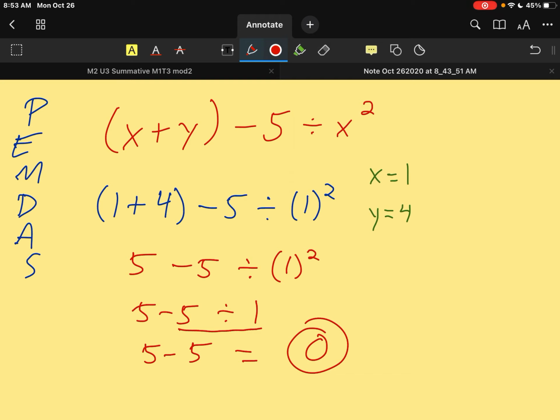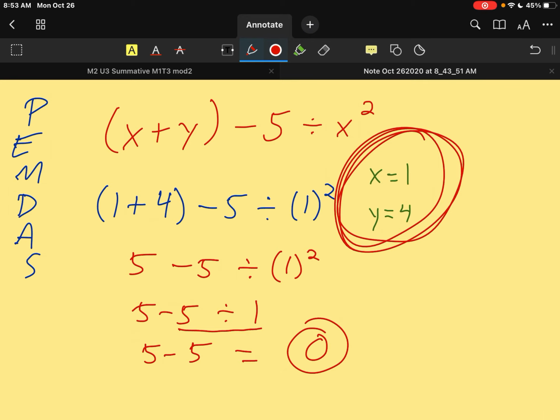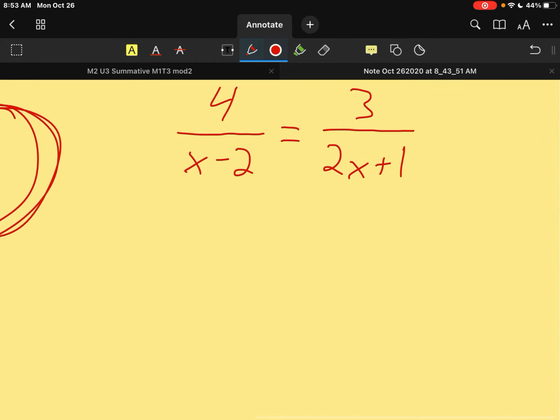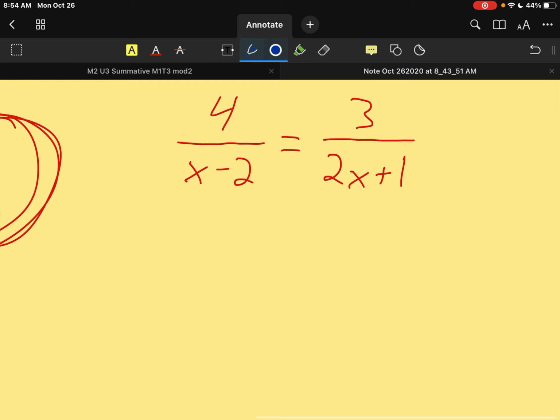Okay, so evaluating expressions is all about plugging in whatever the variables say that they equal, and then simplifying. Solving proportions you guys did on this past test. Now we're just going to increase it with some binomials, some two-term expressions.